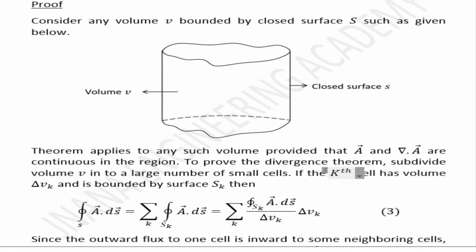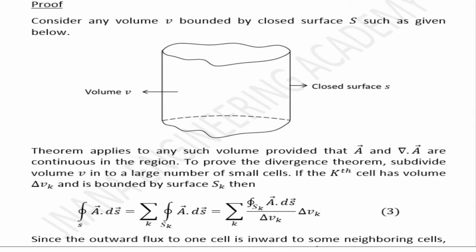We consider it as so. And to prove the divergence theorem, we have to subdivide this particular volume V into a large number of small cells.